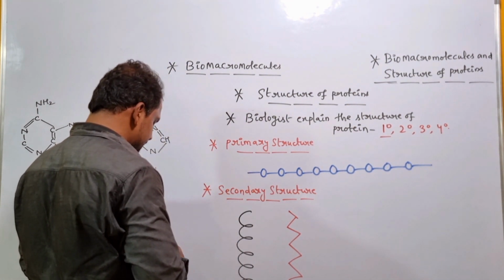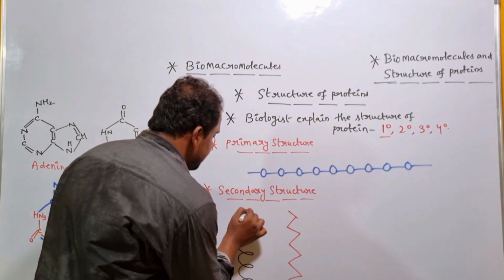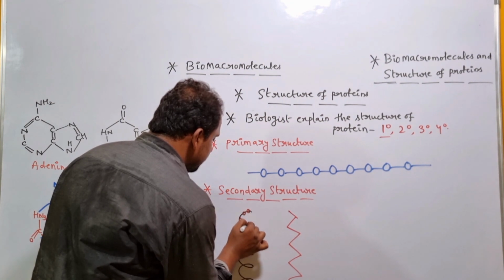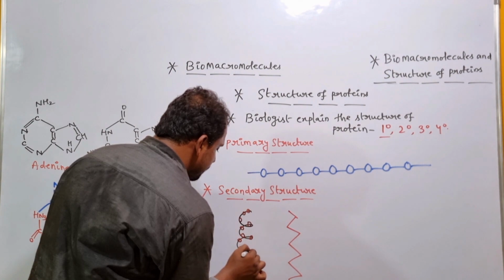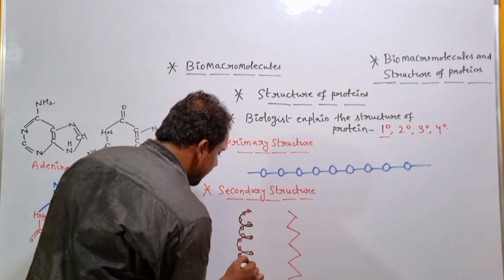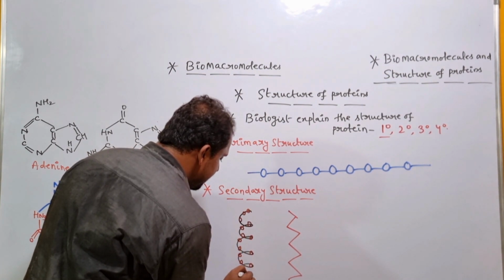So here all these are nothing but the atoms, right? Right-handed alpha helix and beta pleated sheet.